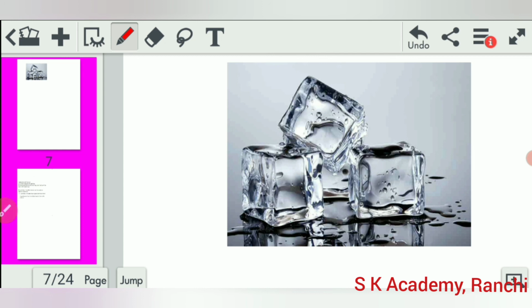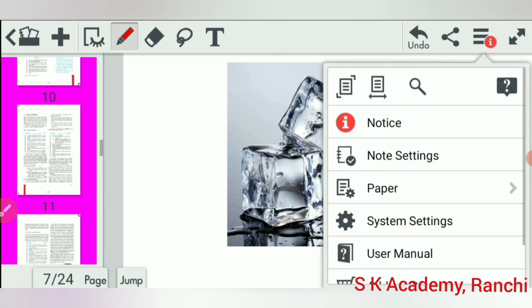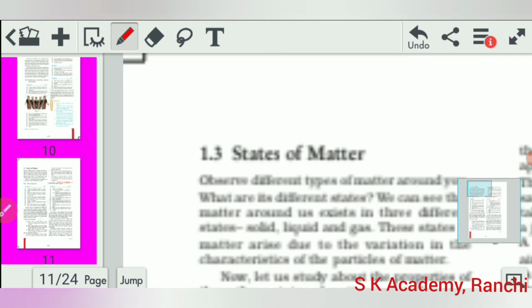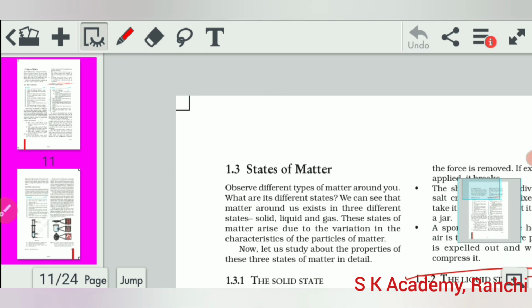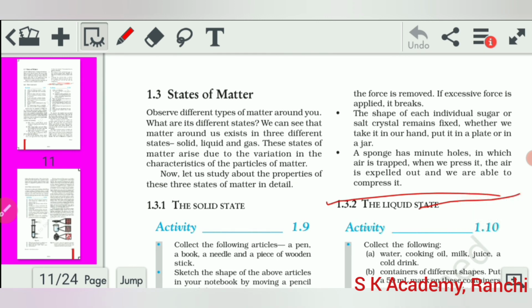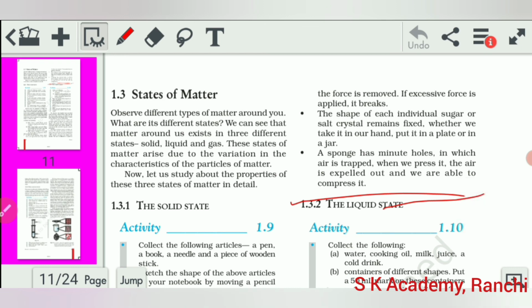So the next topic that we have to study is about the states of matter. We will deal with these concepts about states of matter.